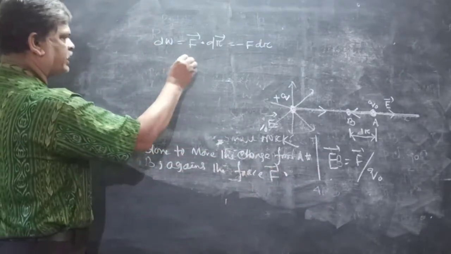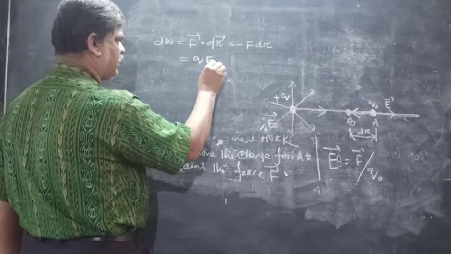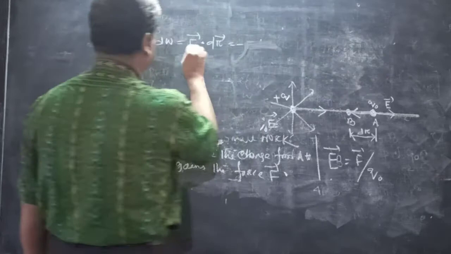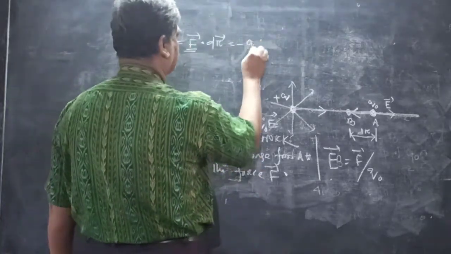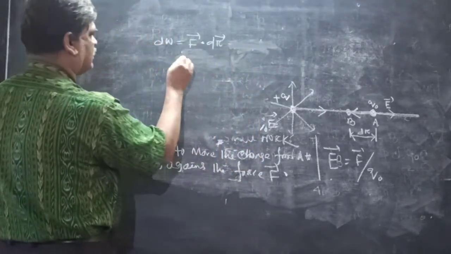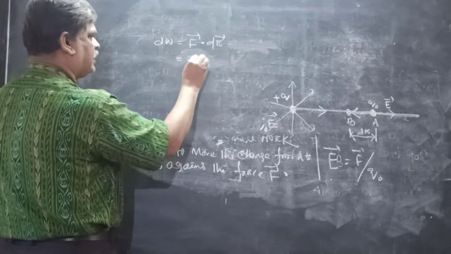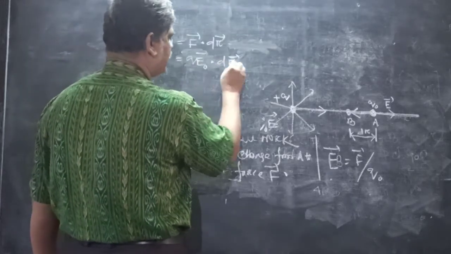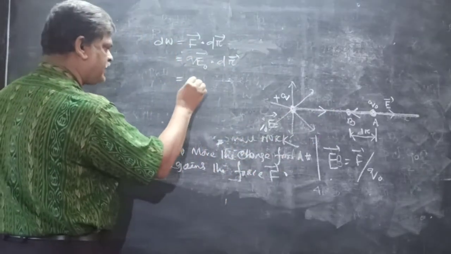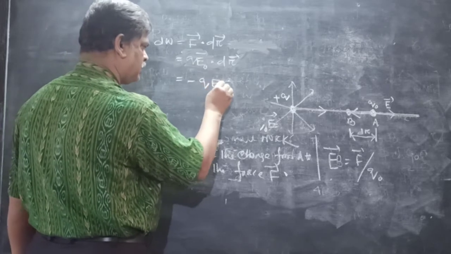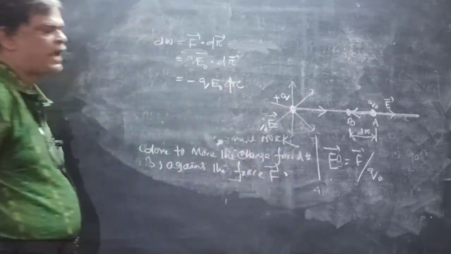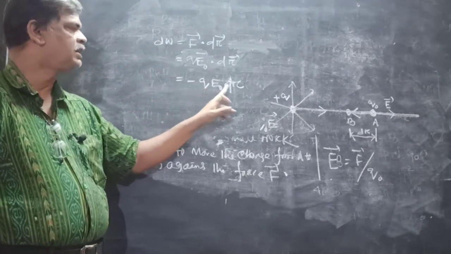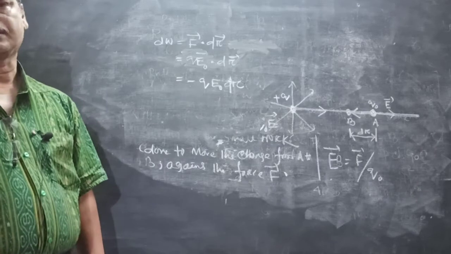F is equal to QE, so we can write Q E naught into dr. Here E naught and dr are in opposite directions, because the angle is 180, so dW is equal to minus Q E naught into dr. Clear?